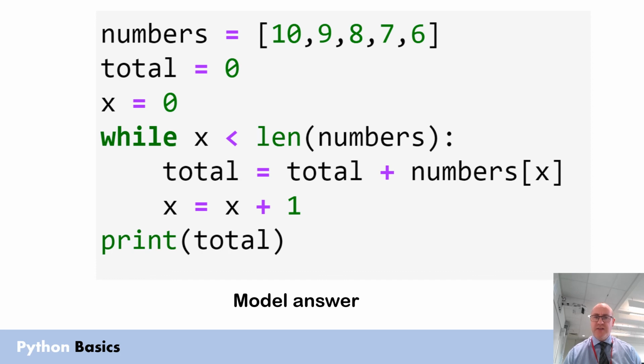It then takes the value of 9, so total currently has the value of 10 because we've already added 10 to it. We add another 9 to it because of numbers[x], or numbers[1], which is going to be index 1, which is 9. So 10 plus 9 becomes 19. And then we move on to the next index, add the 8 on, and so on and so forth to get the full answer. So that's how you write code to do a running total.